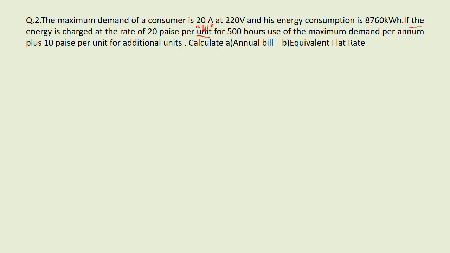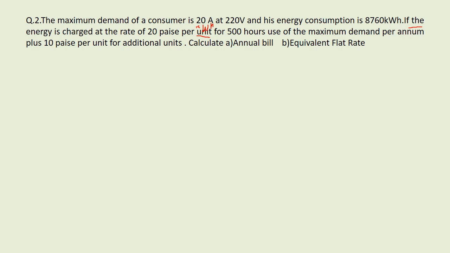Now here first we need to find out the maximum demand, because all the tariff is dependent on your maximum demand, it does not talk about your average demand. Here the current is given, the voltage is given, but we know that for kilowatt it should be VI cos phi, so power factor must be there.